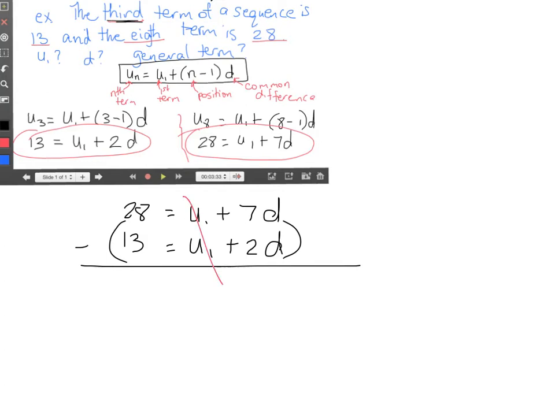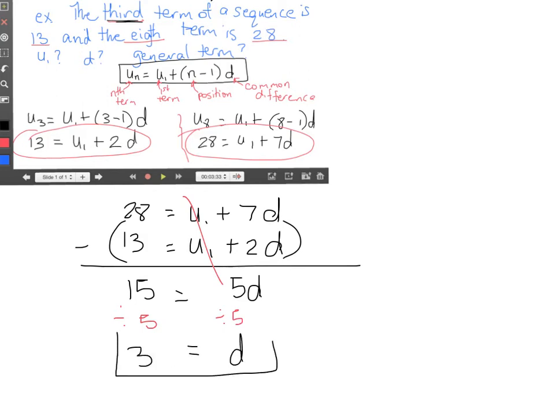That will make our life a lot easier. Okay, so 28 minus 13 should give you 15 equals, and 7d minus 2d should give you 5d. Now we can just divide both sides by 5, and we get that d is equal to 3.